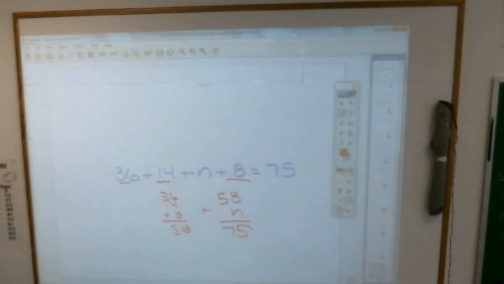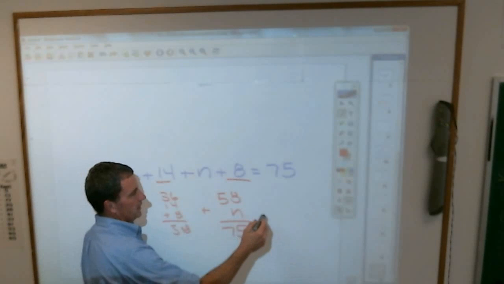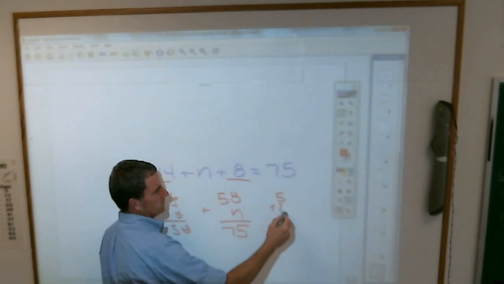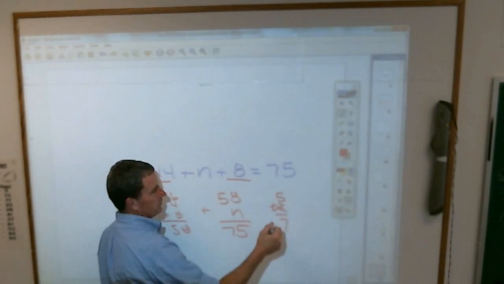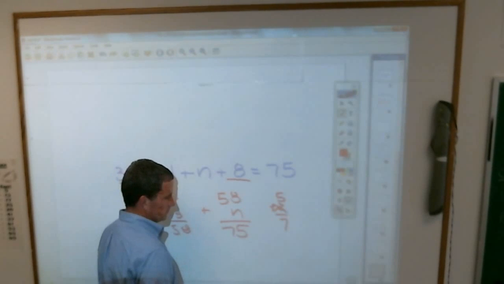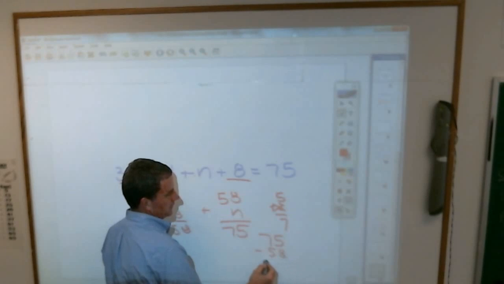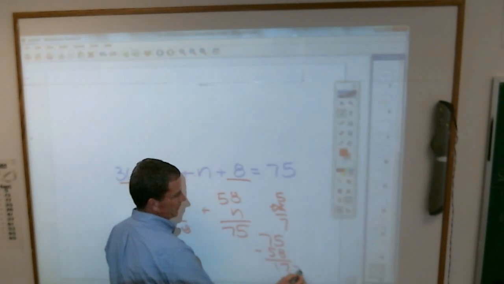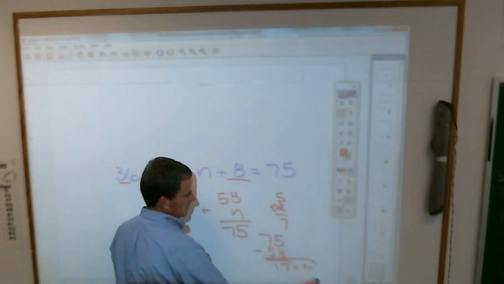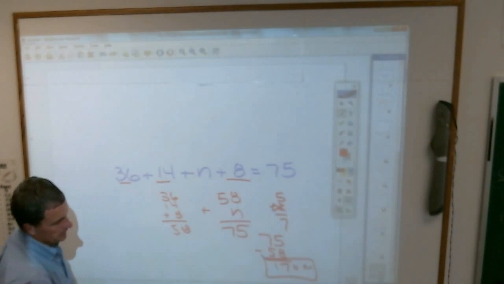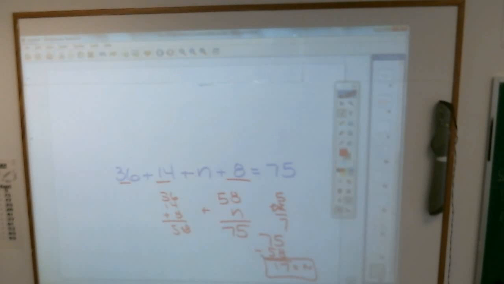And then from there you want to think of an easy problem. 5 plus 2 is 7. If you're missing this middle one, what do you do with 5 and 7 to get 2? Subtract. So you take 58 from 75 and get 17 for the letter N. 17. Everybody happy?